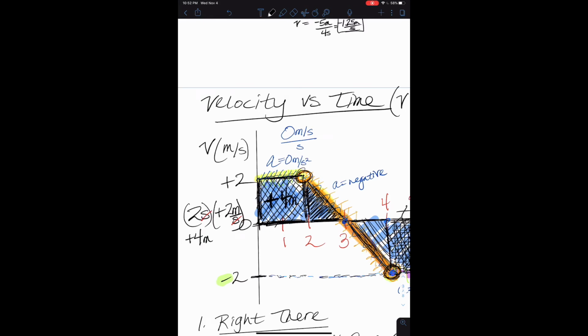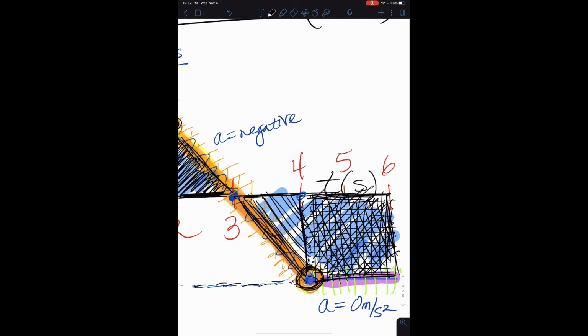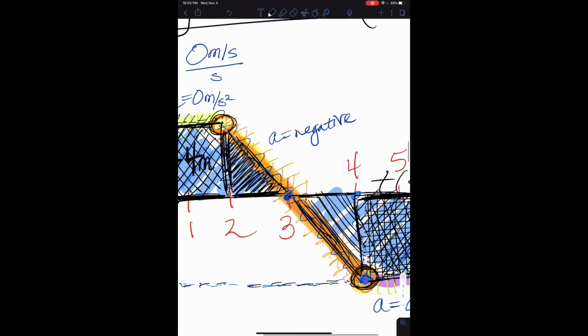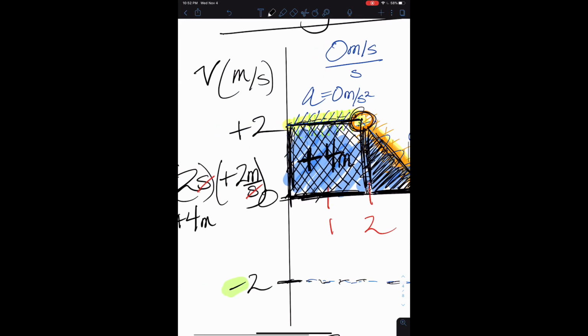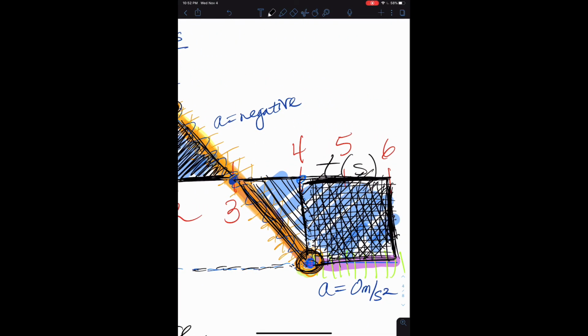Here's the trick. Look at this square right here. Once again, it has a base of 2 seconds, 4 to 6. Once again, it has a height of 2 meters per second, but it's negative 2, right? It's negative 2. So when you take 2 seconds times a negative 2 meters per second, you should already see what the answer is going to be.